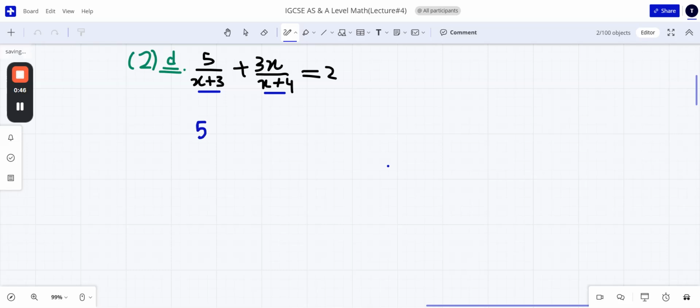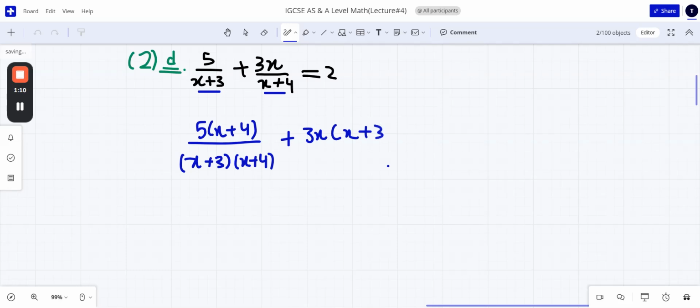So now 5 into x plus 4 divided by x plus 3 into x plus 4. With the second fraction, we will multiply x plus 3. So 3x into x plus 3 divided by x plus 3 into x plus 4 equals to 2.